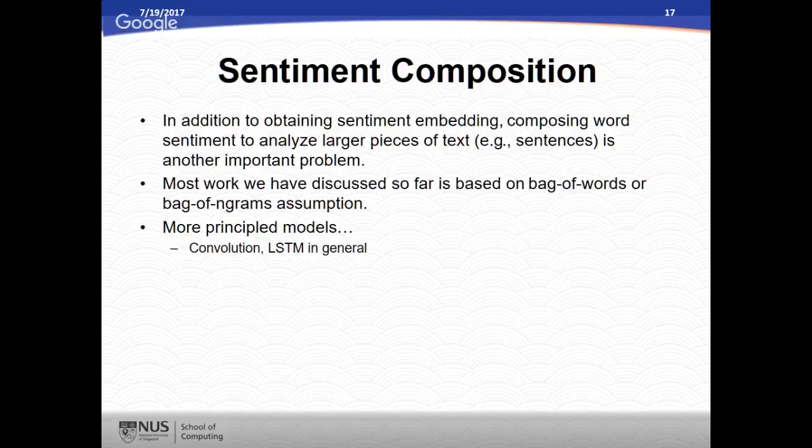If you are using only bag of words or bag of n-grams, then they do not take into account the composition. So you have to use more principled models, for example convolution networks, which take into account some patterns, and also the LSTM in general, which can encode the sequential information in the classification process.